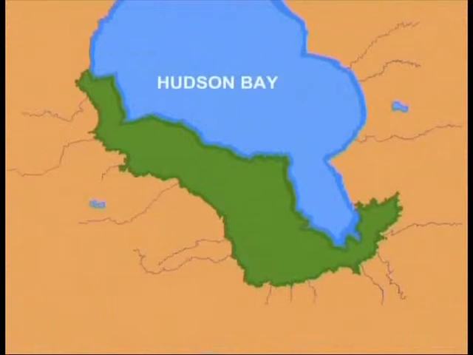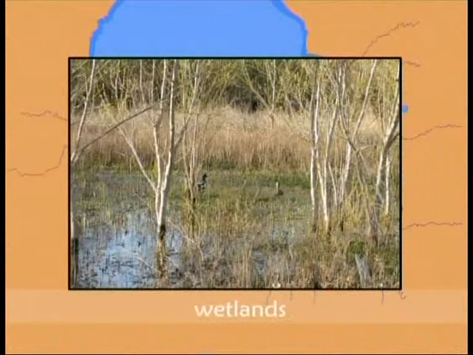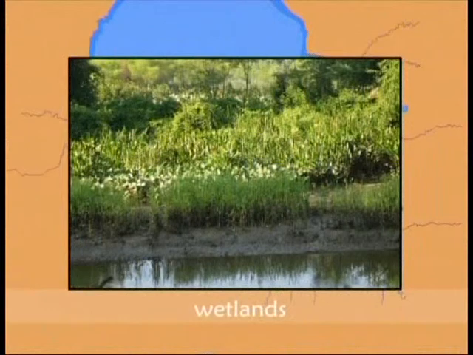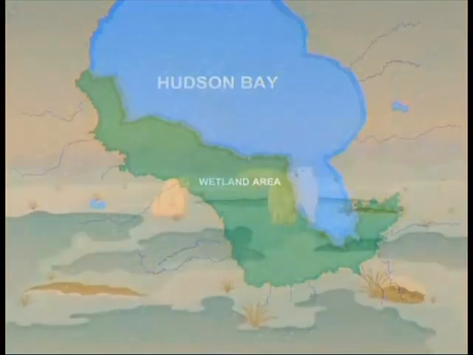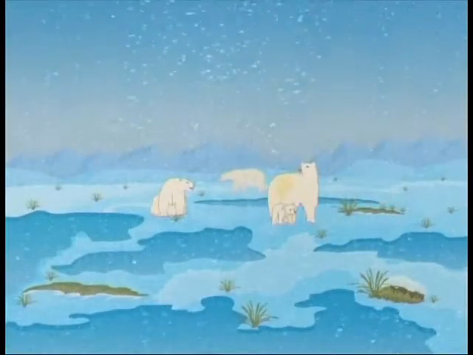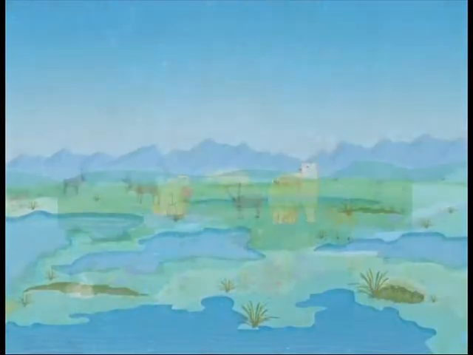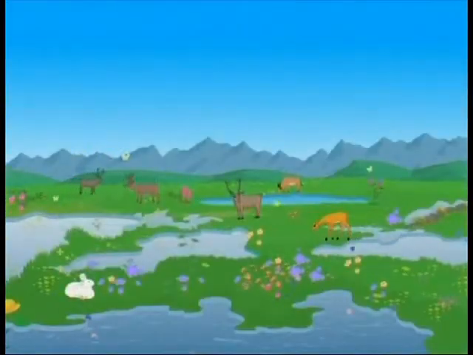The lowlands and the marshy plains lying south and west of Hudson Bay form one of the world's largest wetland areas. It remains frozen for most of the year and springs to life only during summer.